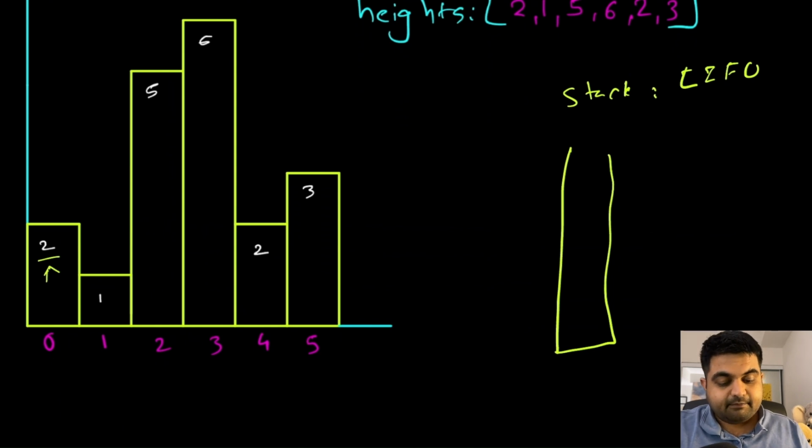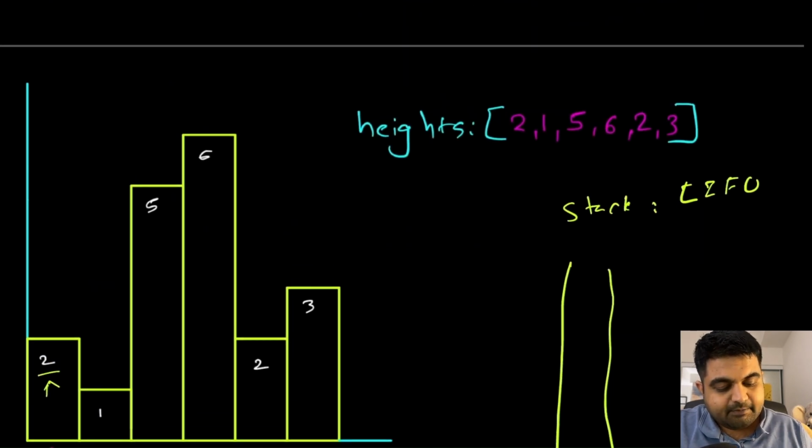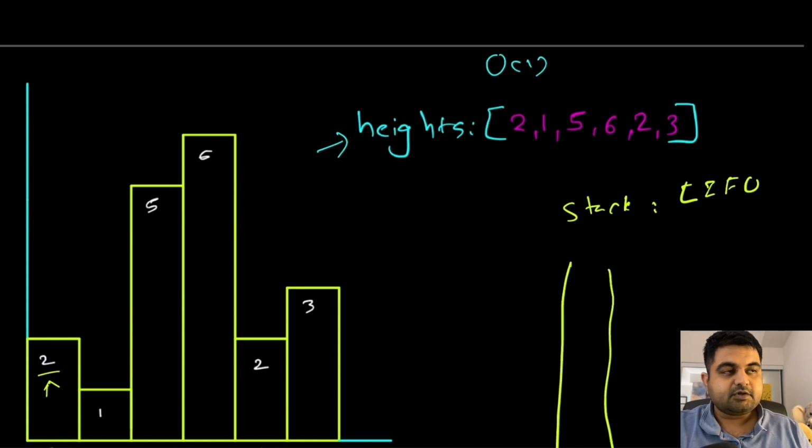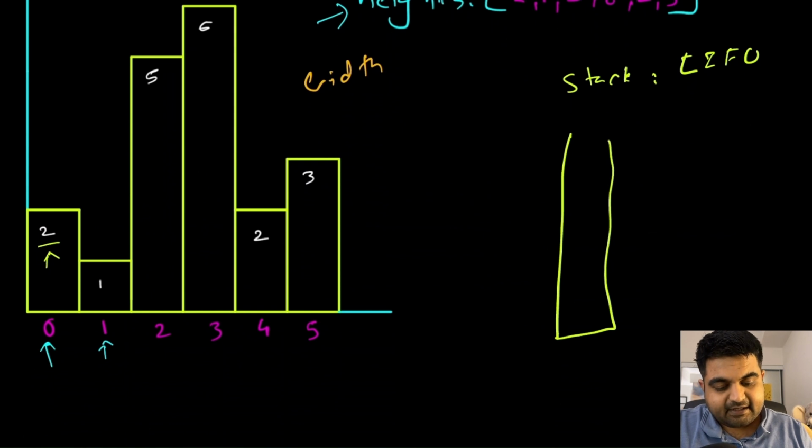So rather than that, a better approach is that we actually store the index values, and using the index values we can quickly look up what has been the bar height at that position in big O of one time, because we already know the index position, and then we would also be able to calculate the width depending on the current index position and the existing index position inside the stack. So let's try to see the solution in action.